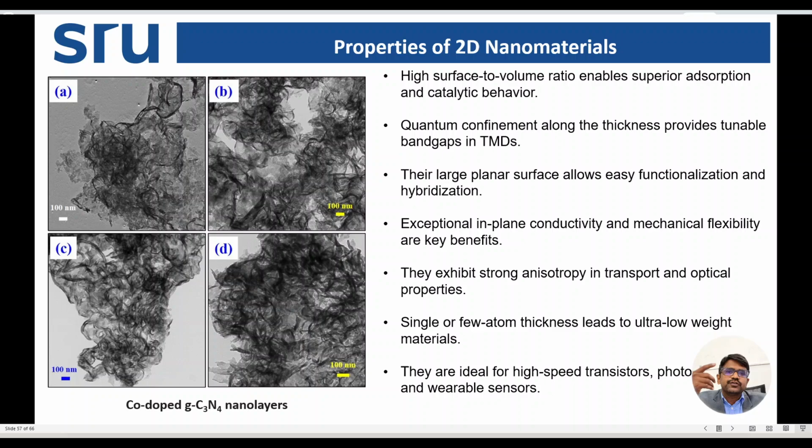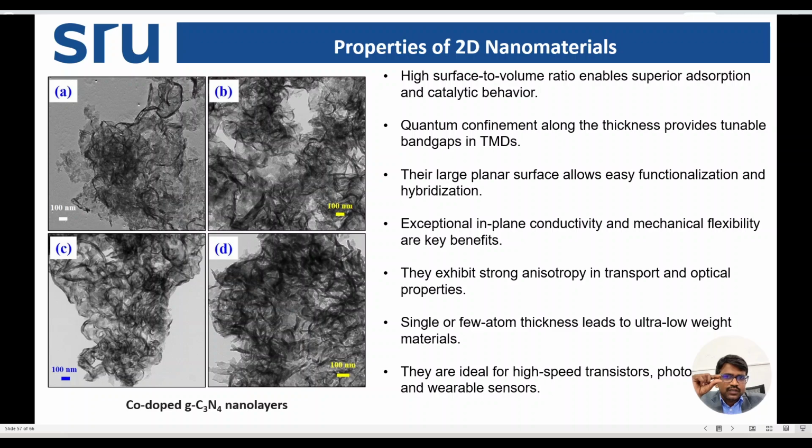For example, if you take a nanoparticle, nanorod, or nanotube, the thickness is higher. But if you make a layered structure, with two, three, four, or five layers of graphene, it can provide very low thickness.